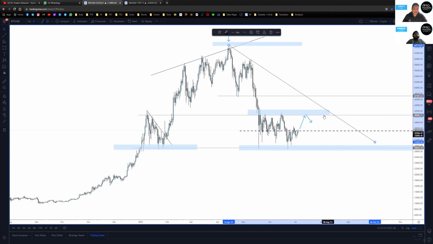So for now, we still have this room, about a month more from where we are now, and possibly to reach the slanting line in August, around the 11th to 12th of August, we might then see a more precise and clearer signal from the charts and from the market, right?